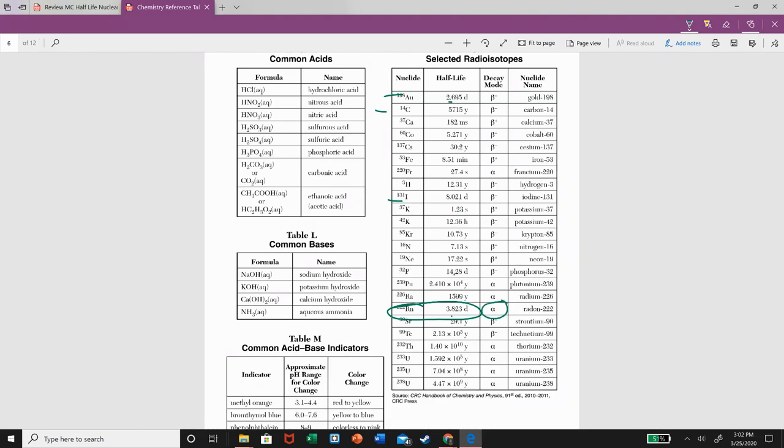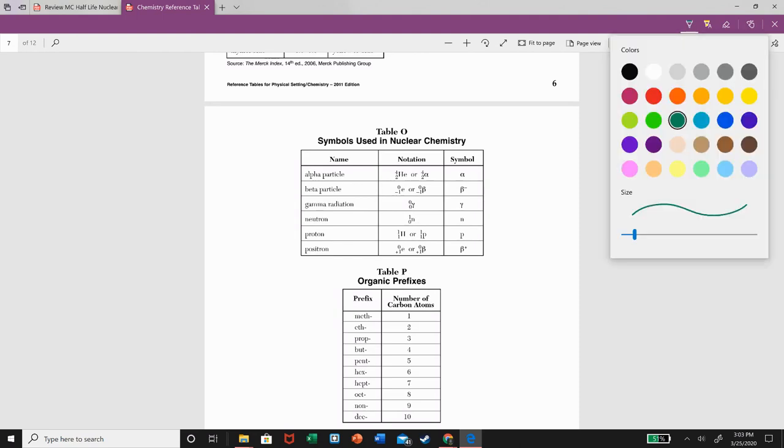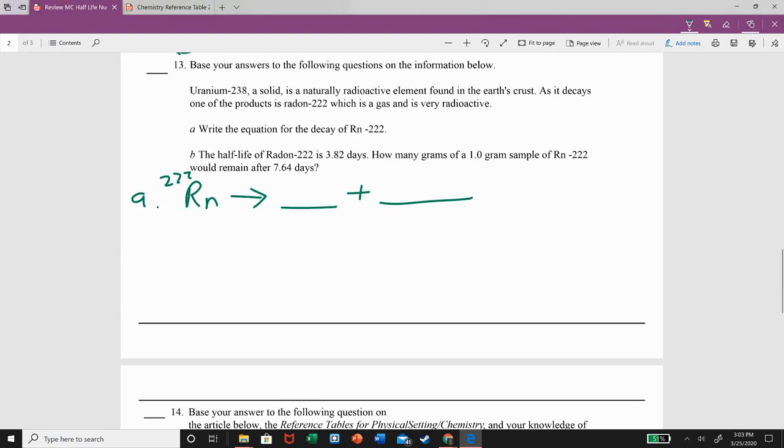It undergoes alpha decay, so I need to produce an alpha particle. I'm going to write an alpha particle, 4, 2, He, or you could use the alpha symbol.